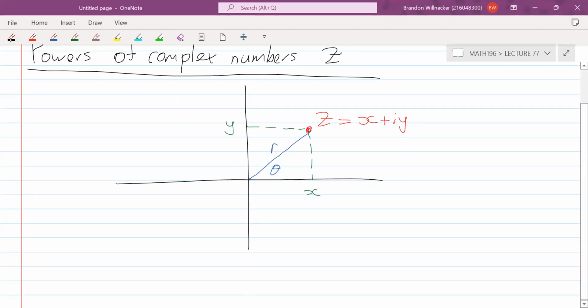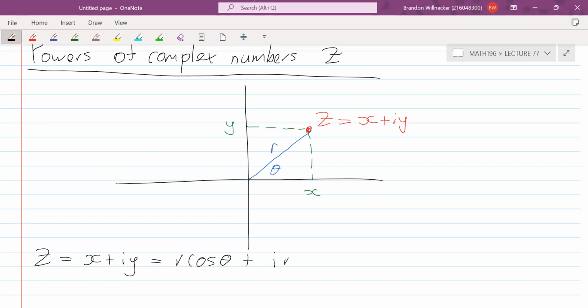So now we can write z equals x plus iy. But we know that in polar coordinates, x is going to be r cos theta. So it's going to be r cos theta plus i times y, but y is going to be r sin theta. So we have i r sin theta.